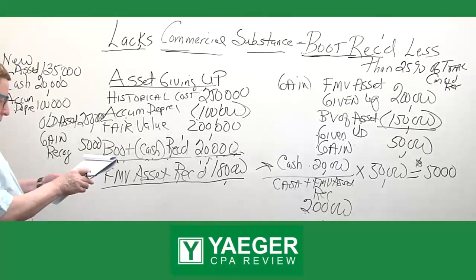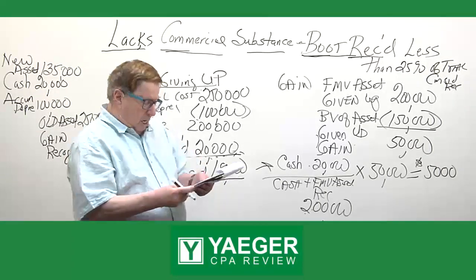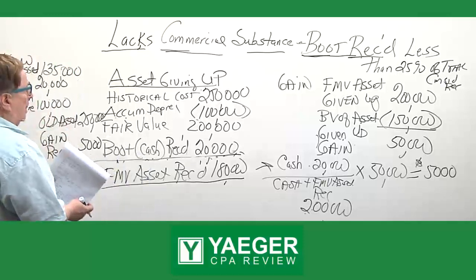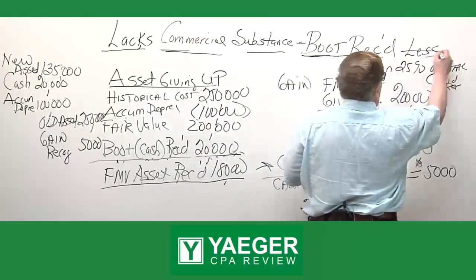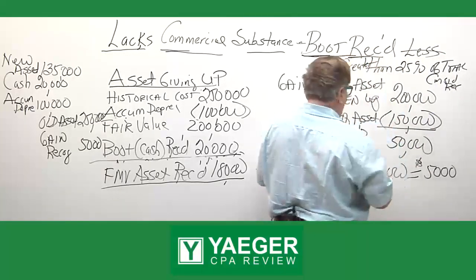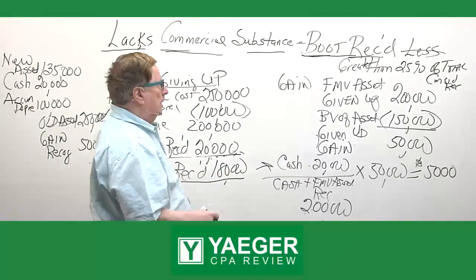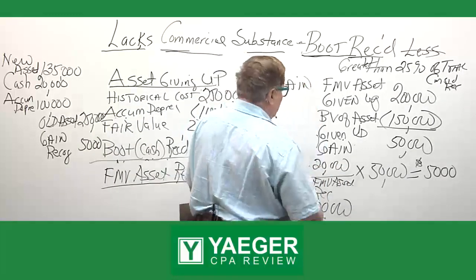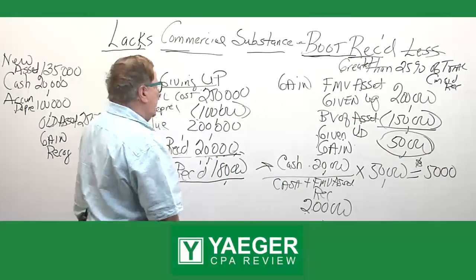Now, a few more things here. What happens if the transaction lacks commercial substance, boot is received, and the boot is greater than 25% of the total consideration? Well, in this case, if the boot received was greater than 25% of the total consideration, then all of the 50,000 would be recognized.